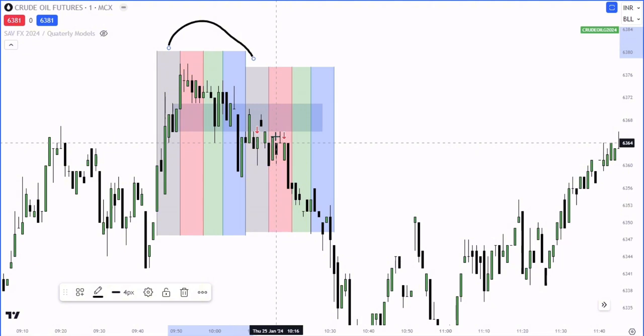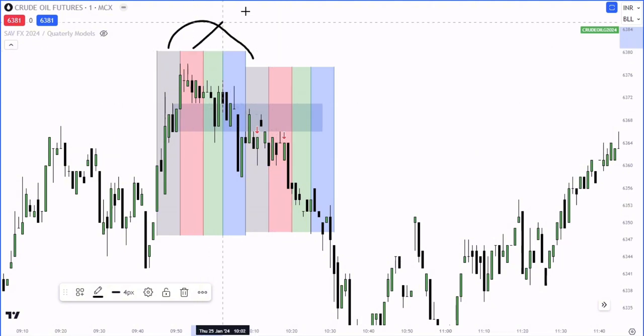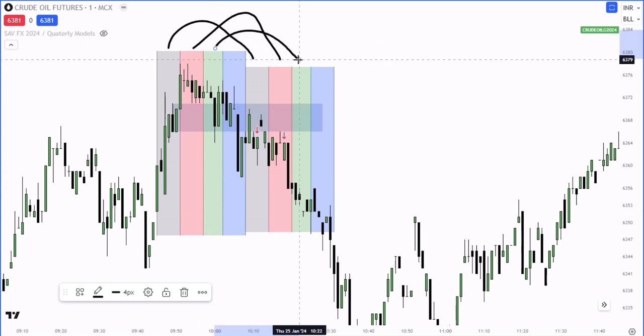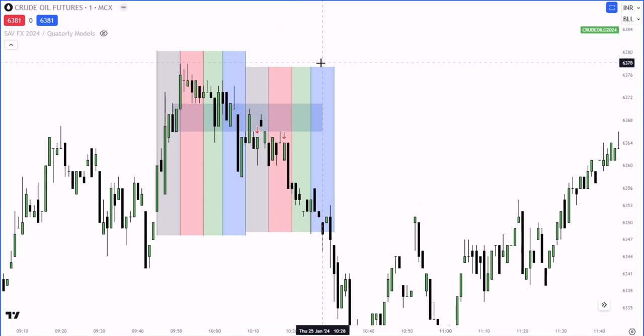If I'm trading within Q2, I need to be using a PD array that's from Q2. If I'm trading within Q3, it needs to be a PD array that is within Q3. If I'm trading within Q4, a PD array within Q4.